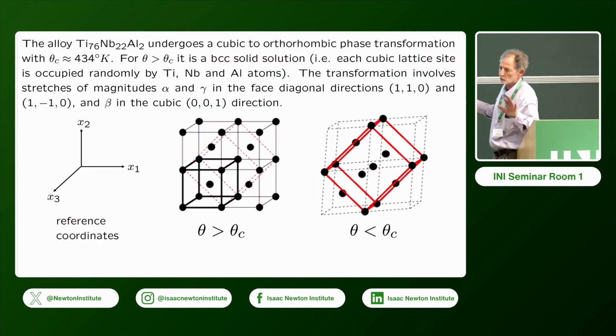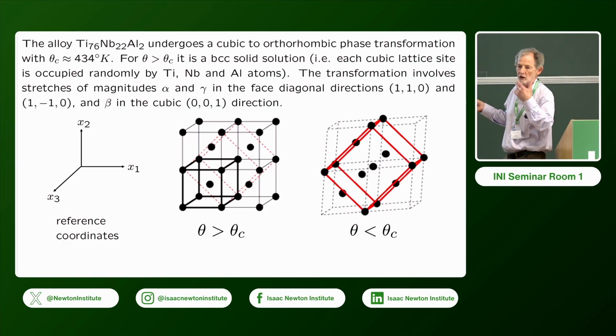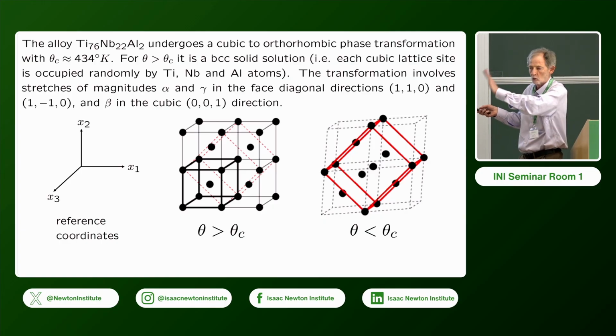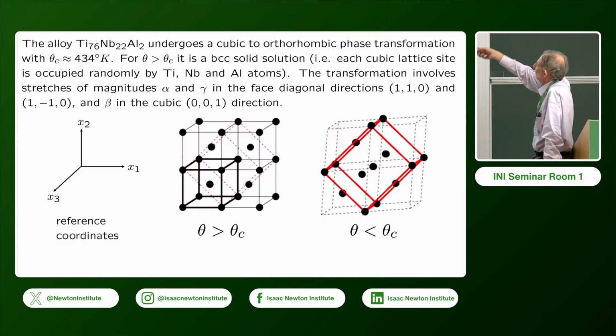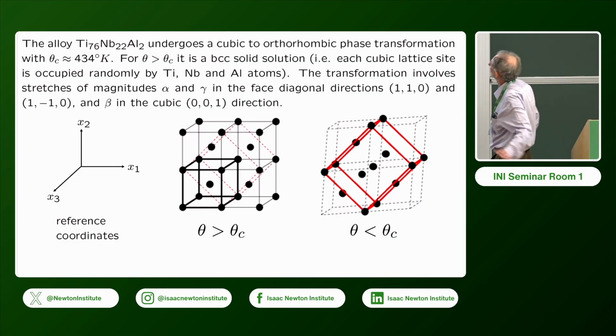All these atoms are equivalent, so you can think of any atom as being either a corner or the middle, because it's a Bravais lattice. Saying it's a solid solution means that each lattice site has a probability of being occupied by a titanium, niobium or aluminium atom, and overall the percentages have to give the concentration 76, 22, 2.